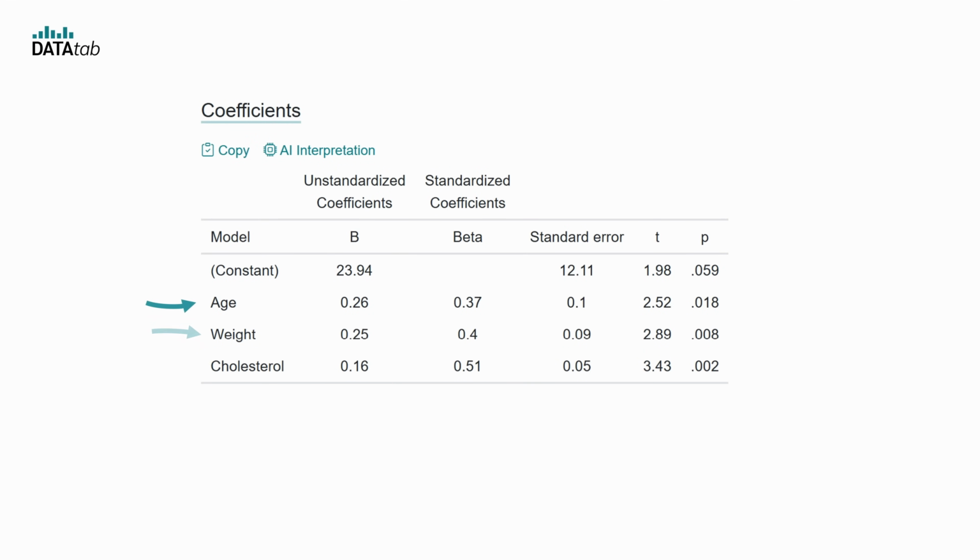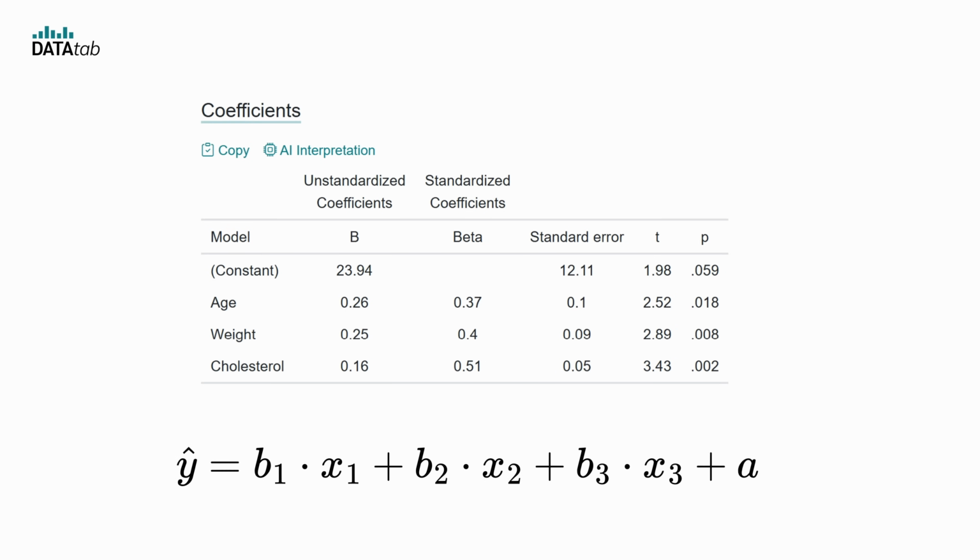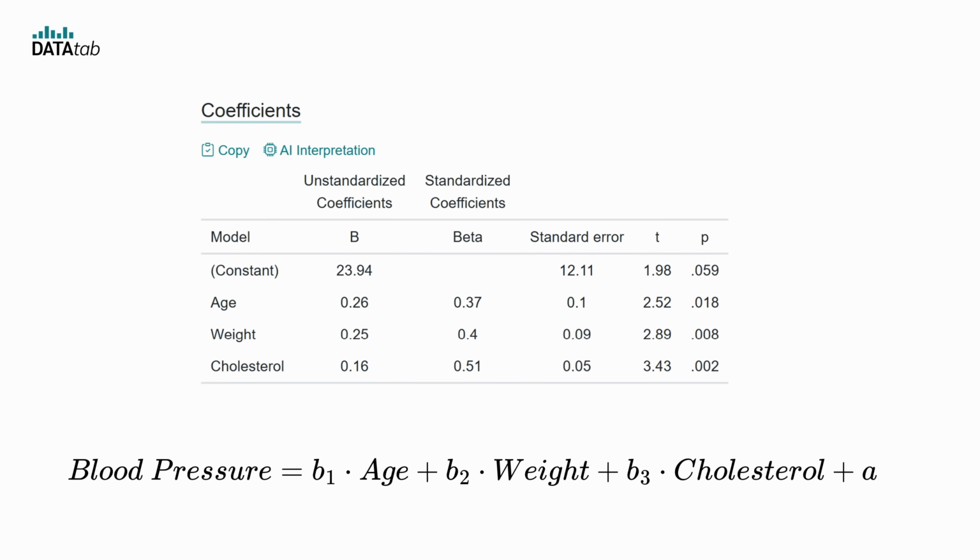Here we can see the three independent variables, age, weight and cholesterol. The first row represents the constant. So in our regression equation, let's replace x1, x2 and x3 with their corresponding names. So we want to predict blood pressure based on a person's age, weight and cholesterol levels.